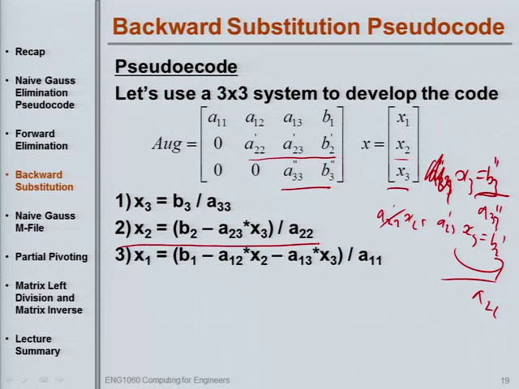And so on. By the time we get up to the top equation, we know what x2 is equal to, we know what x3 is equal to, we move them to the other side, and we divide by A11, which is the pivot element. So this process of back substitution, you have to do it one row at a time. There's no fast way of doing it, because the next value depends on the previous value.